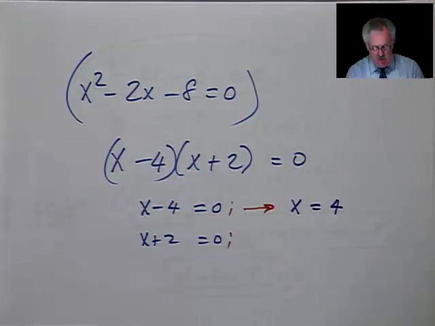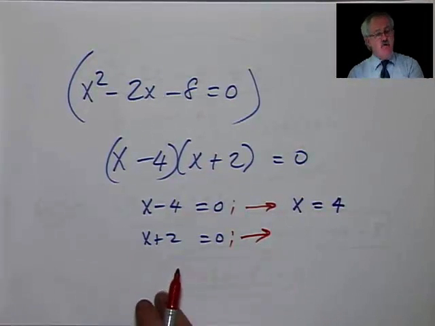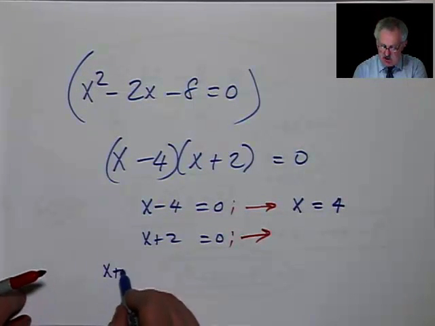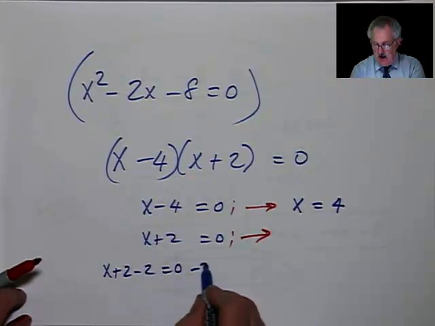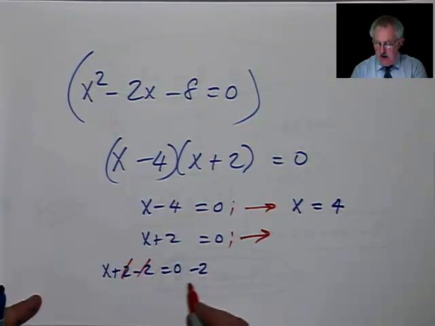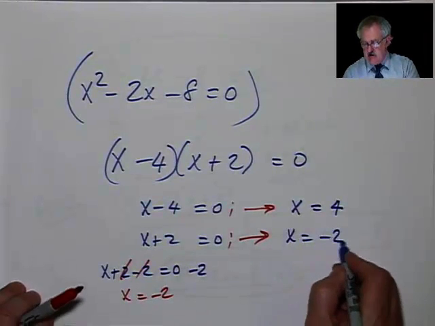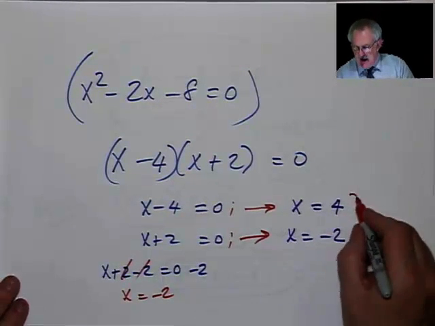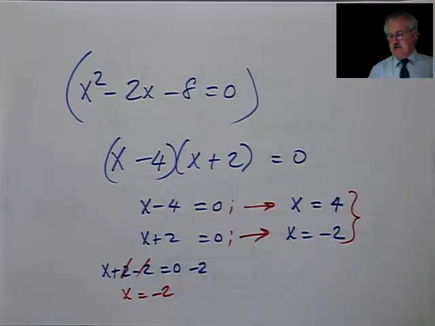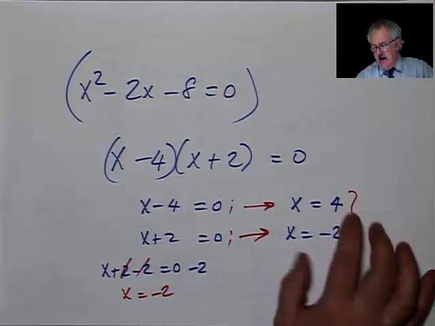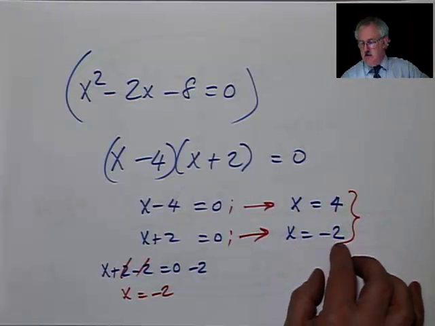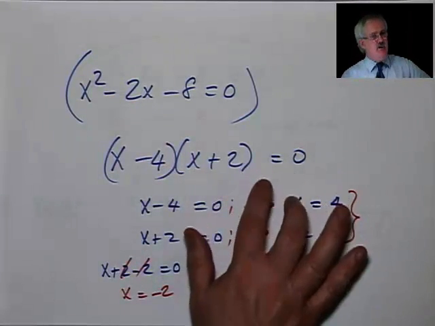What would happen here? x plus 2 is naught. Well, if we said x plus 2 minus 2 is naught minus 2, the 2's would cancel, and we get x is equal to minus 2. So what this is saying is that there are 2 points, 2 values of x, 4 and minus 2, at which this stuff here goes to 0.